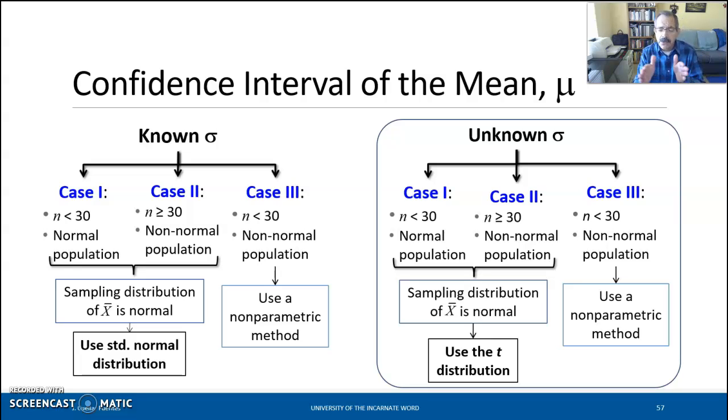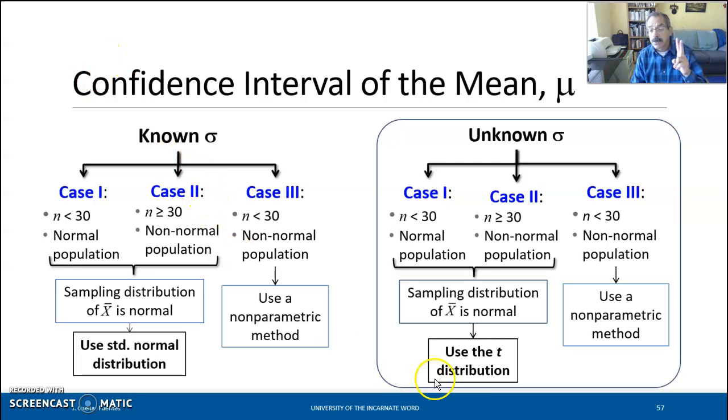All right, what I'm going to focus then is on using the confidence intervals that are presented in section 8.3, where the population standard deviation is not known. And the confidence interval is calculated using the sample statistics, the sample mean and the sample standard deviation.